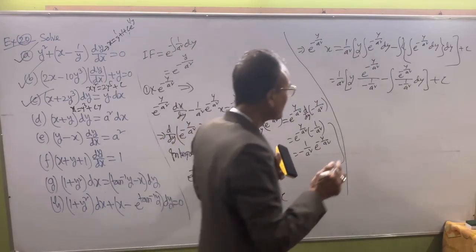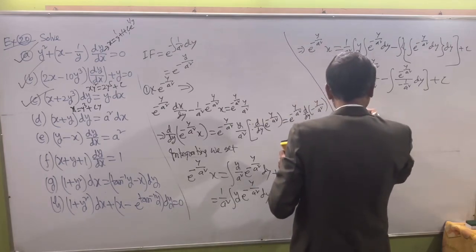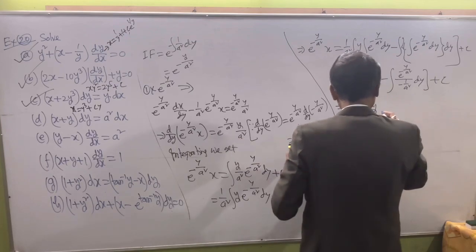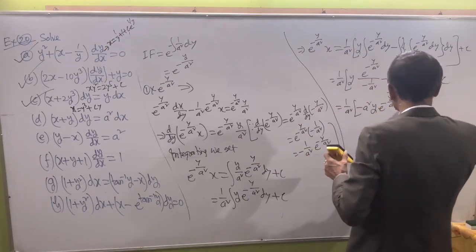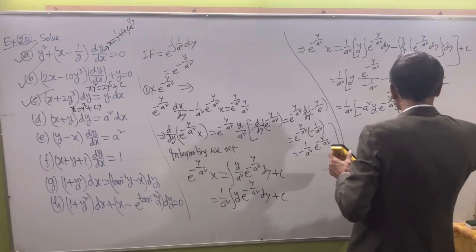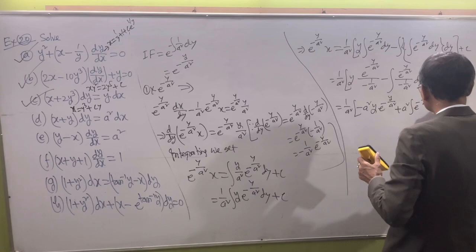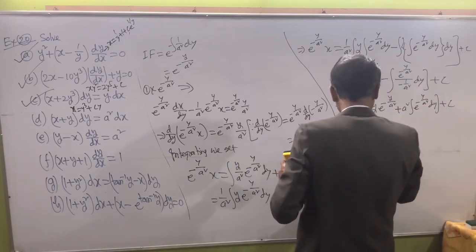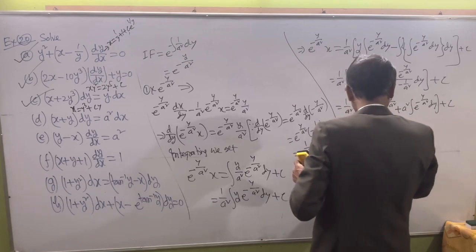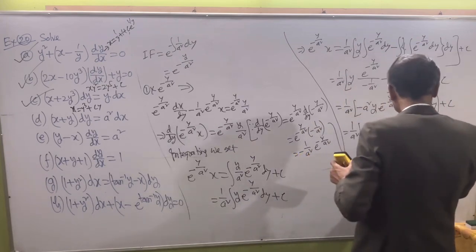Plus c. This is equal to 1 by a square minus a square y e to the power minus y by a square plus a square integral e to the power minus y by a square dy plus c. This is equal to 1 by a square minus a square y e to the power minus y by a square plus a square.